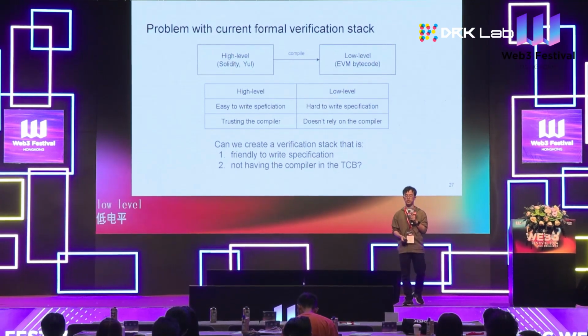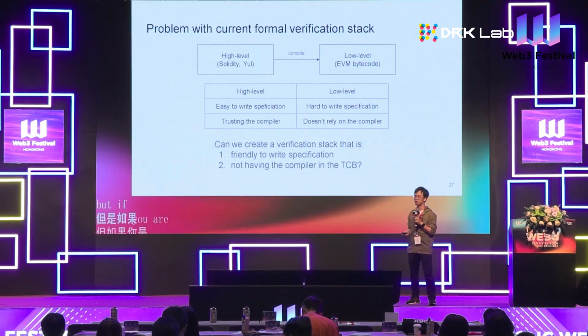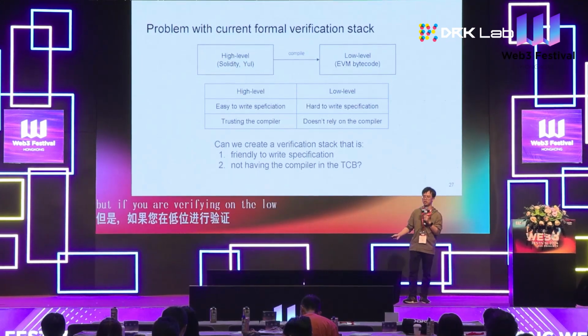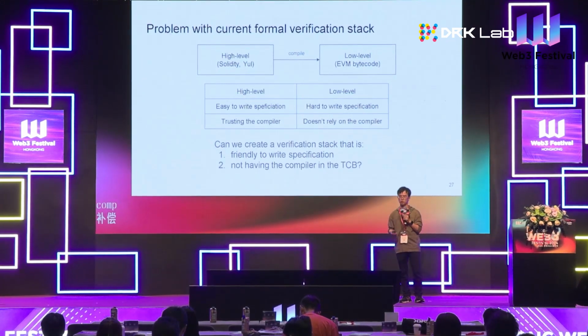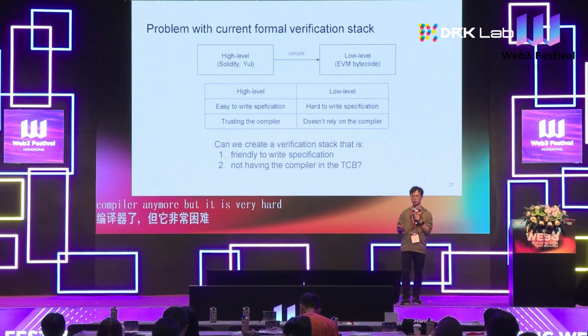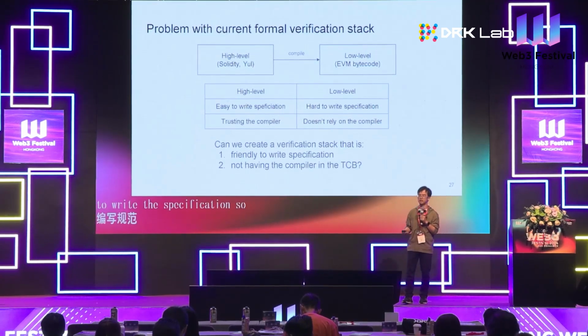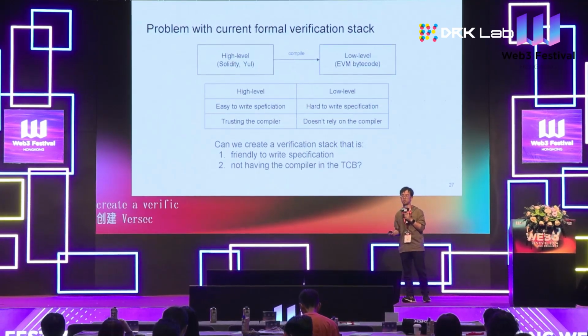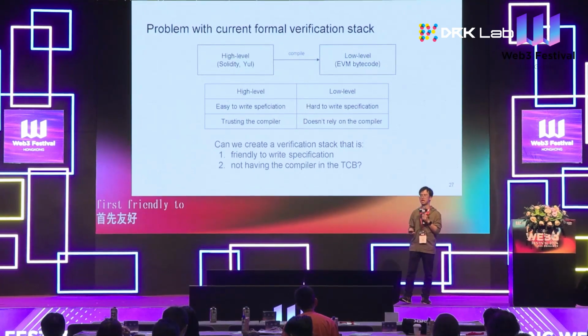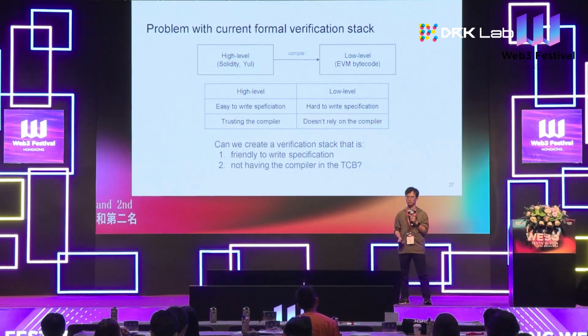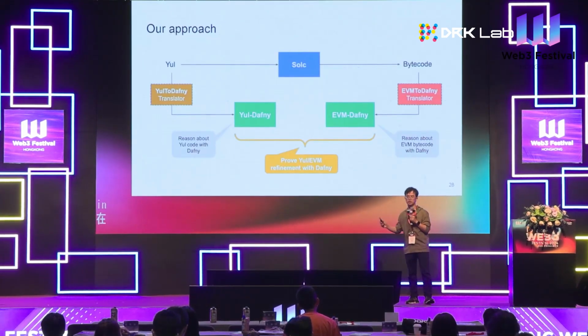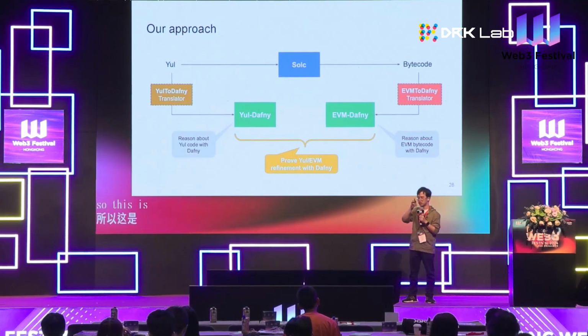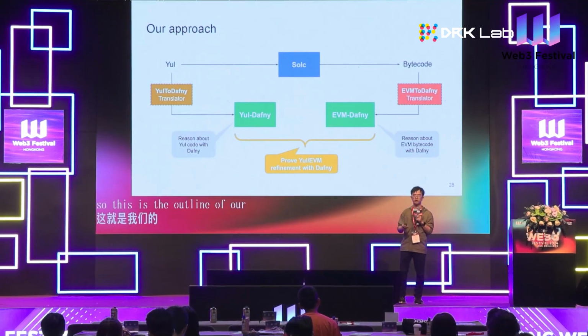But if you are verifying on the low-level code, it does not rely on the compiler anymore, but it is very hard to write the specification. So can we create a verification stack that is first, friendly to write specifications, and second, not having the compiler in the TCB? This is the outline of our approach. Basically, we do both.